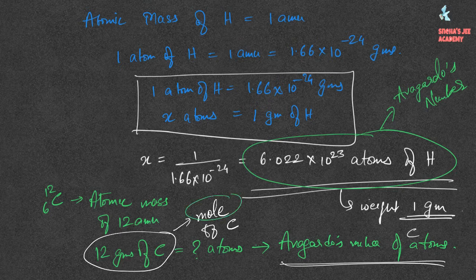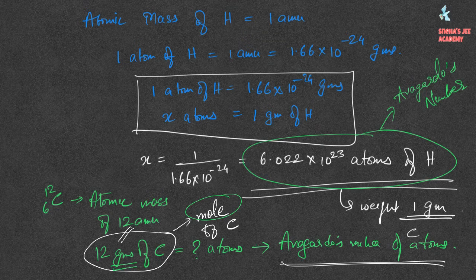A mole is nothing but the amount of carbon material, or the amount of carbon atoms, which is the Avogadro number of carbon atoms, whose weight in grams is equivalent to the atomic mass of carbon in AMU.